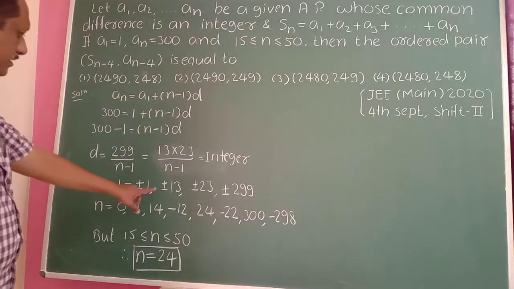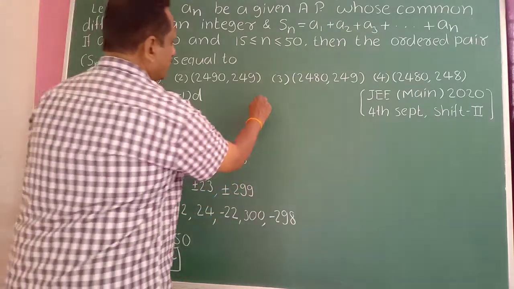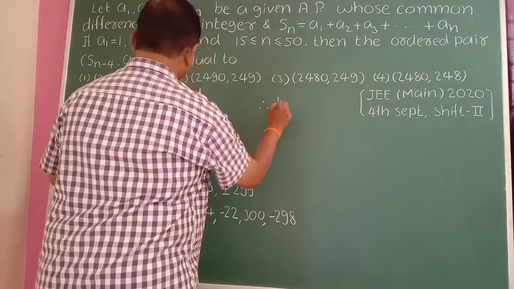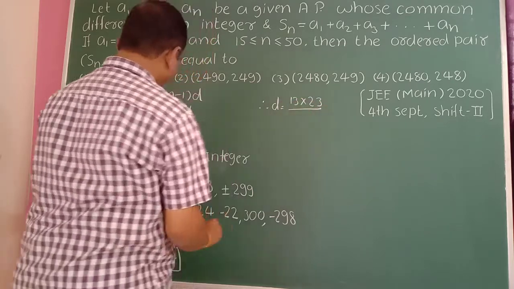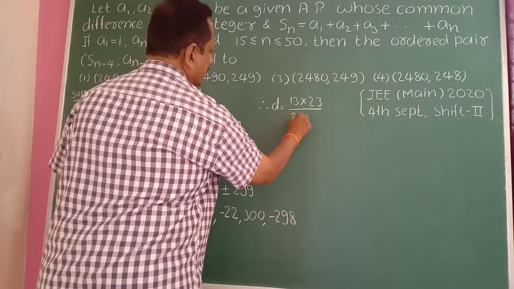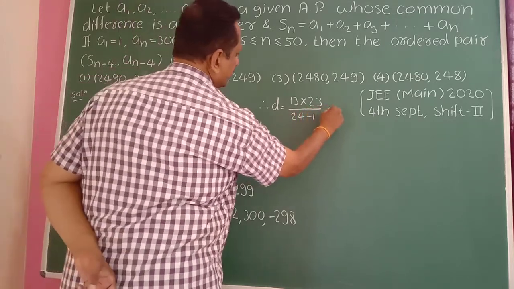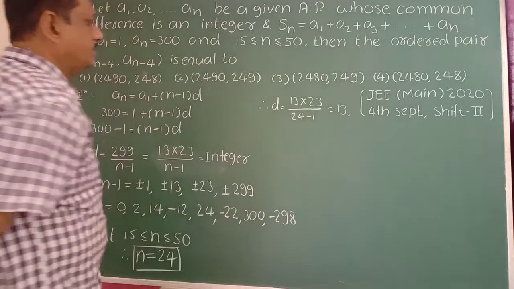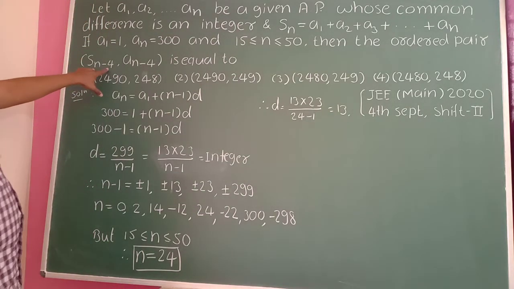Then substitute here. Then d is equal to what? d is equal to 13 into 23 divided by 24 minus 1 here. 24 minus 1 is 23, 23 cancels. Remaining is 13. Now you find S n minus 4 here.